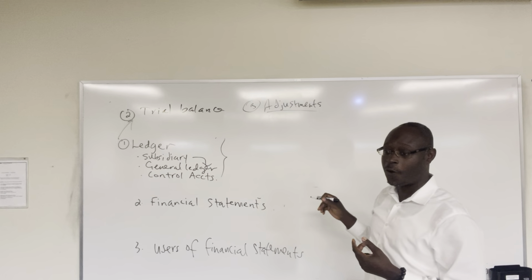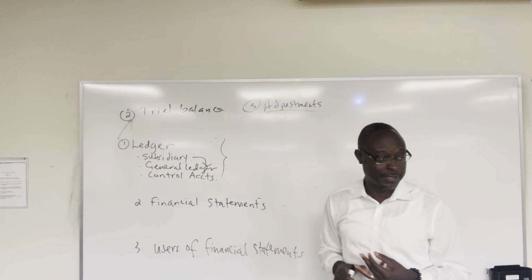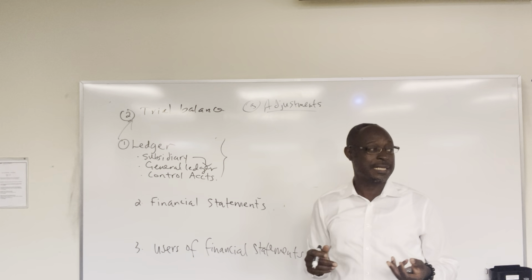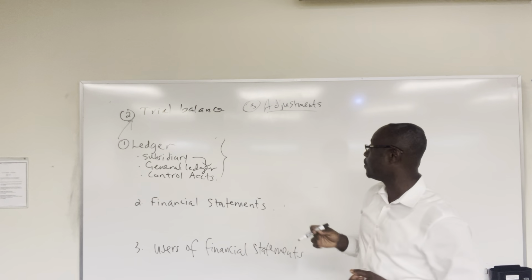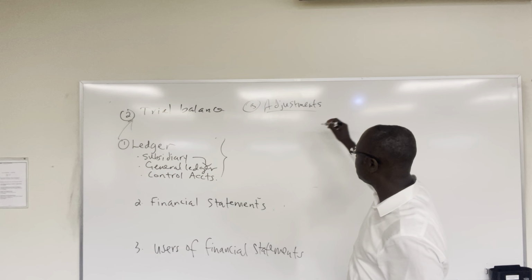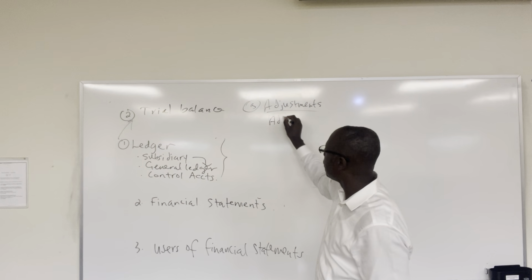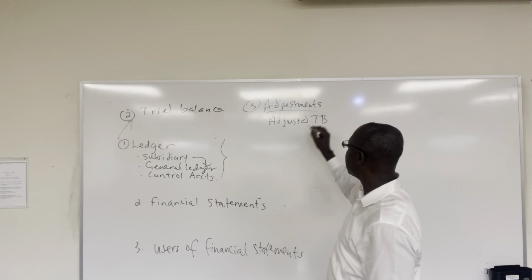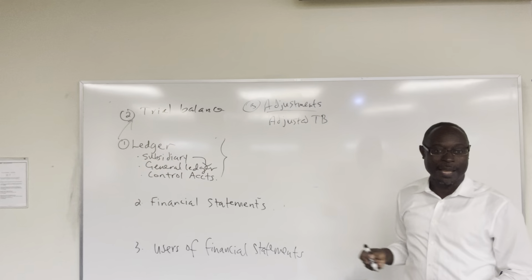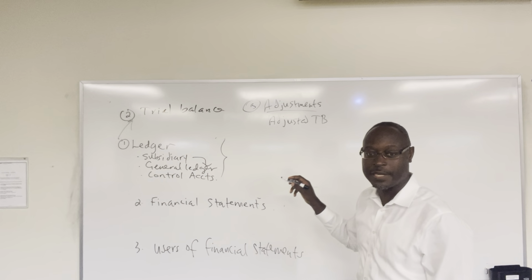We're going to adjust for prepaid expenses, accrued expenses, allowance for bad debt and doubtful debt, right? And then unearned revenue liabilities. We're going to do those adjustments. After we do the adjustments, we're going to have an adjusted TB, adjusted trial balance.